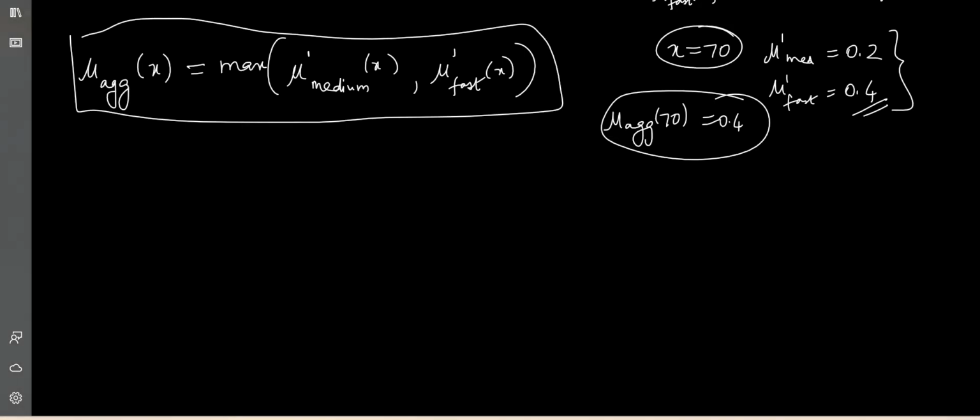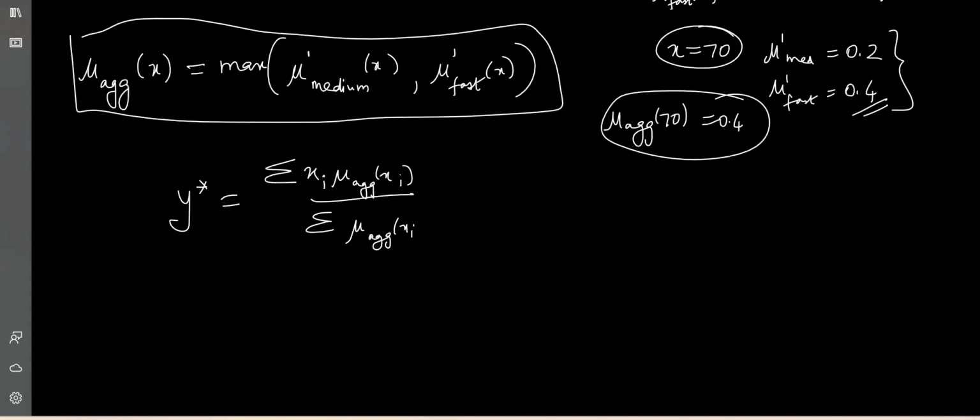So the formula of the centroid is nothing but, I'll write it as y star is equal to the summation of the product of each individual value of x, which is the speed in this case, and the aggregate value of x, divided by the summation of mu aggregate of xi.